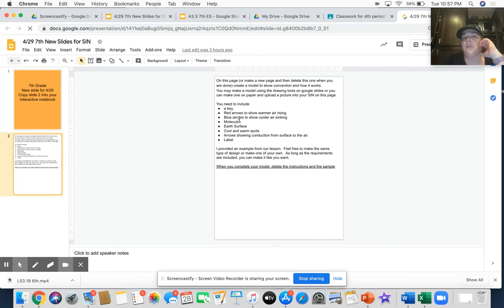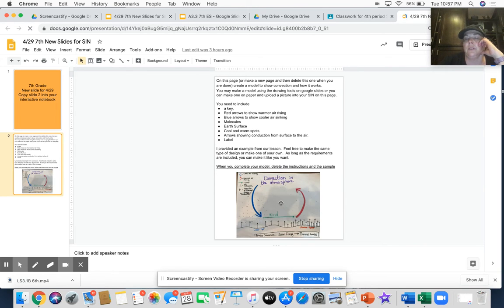Okay, so here's your instructions. You can either, like I said before, either you can do this on a piece of paper like I did, or you can do it on your computer, whichever you prefer. And you're going to make the same model that we have for this. Okay, and throughout this whole unit, we're going to be adapting and adding to this model. So we're going to get really good at drawing it to understand how convection in the atmosphere works.